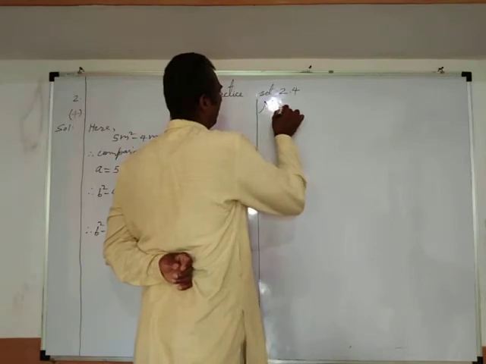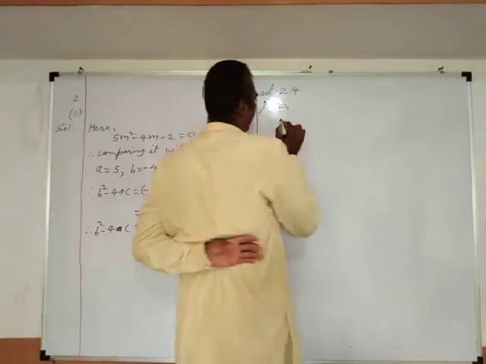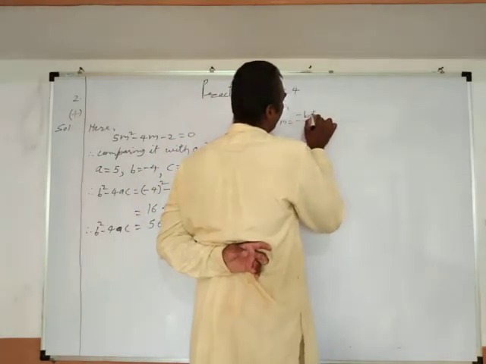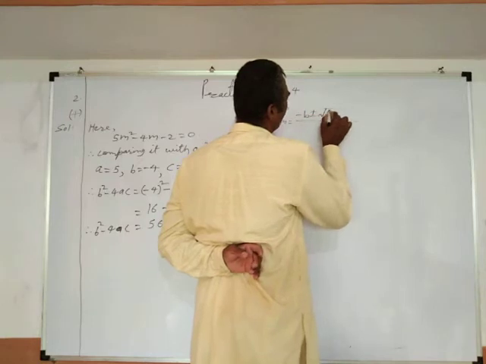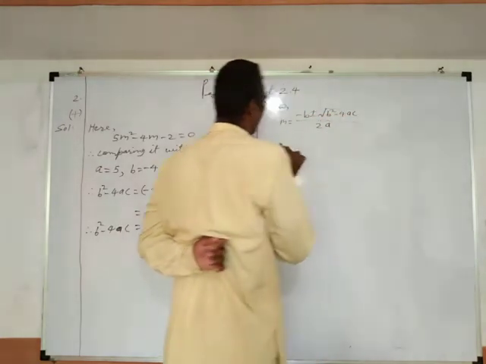Now, as the variable is m, we can write m equals minus b plus or minus under root b square minus 4ac upon 2a.